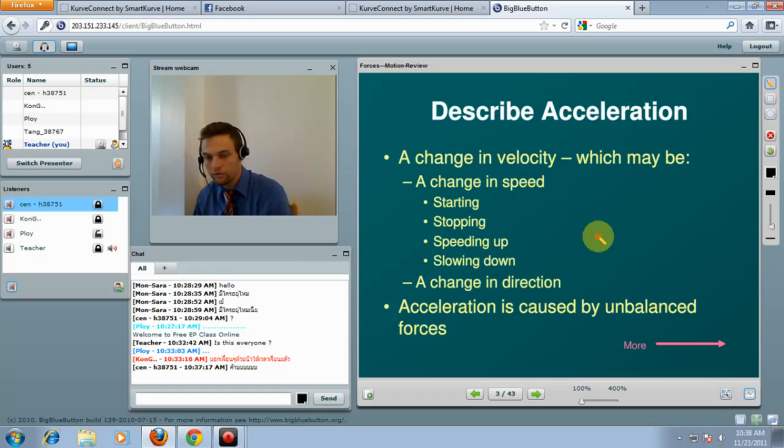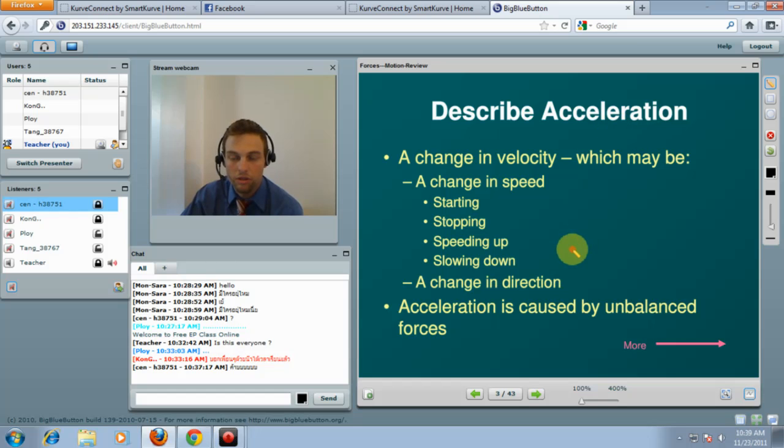So let's talk a little bit about unbalanced forces. When you have a balanced force, the object is either not moving or it's moving at a constant speed. So if there is a constant speed, we have no acceleration. Say you have a rock, and the friction between it and the ground is applying pressure this way, and there's some pressure this way.